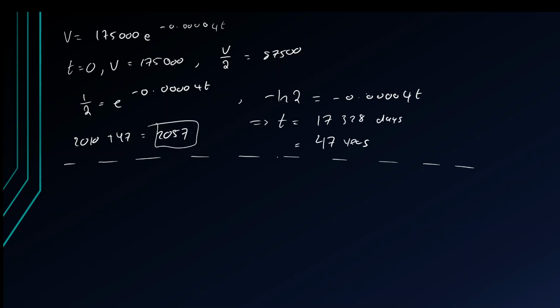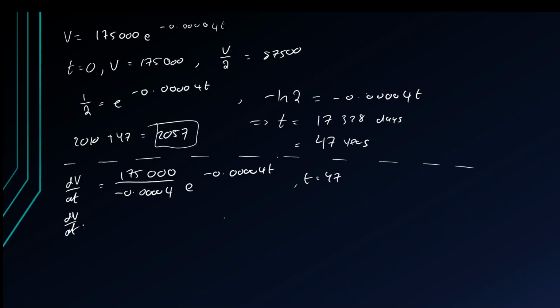So we want dV by dt, and that's equal to A times V. When differentiating exponentials, the power comes down and we multiply, giving minus 0.12344 times 175,000 e to the minus 0.12344t. And then we're looking for t equals 47.